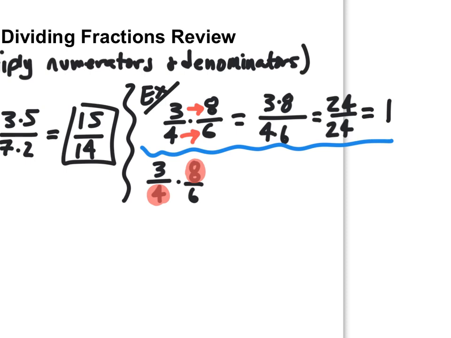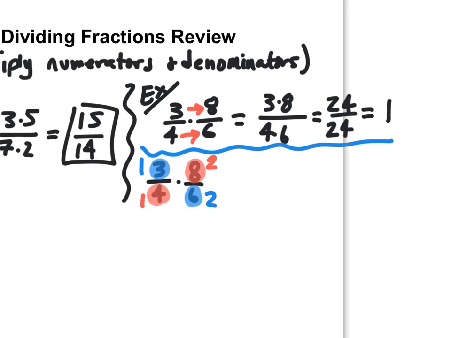You can think of this as cross multiplication, or cross division rather. If I take 8 and divide it by 4, that simplifies to 2 over 1. And if I look at the 3 and the 6, that simplifies to 1 over 2.